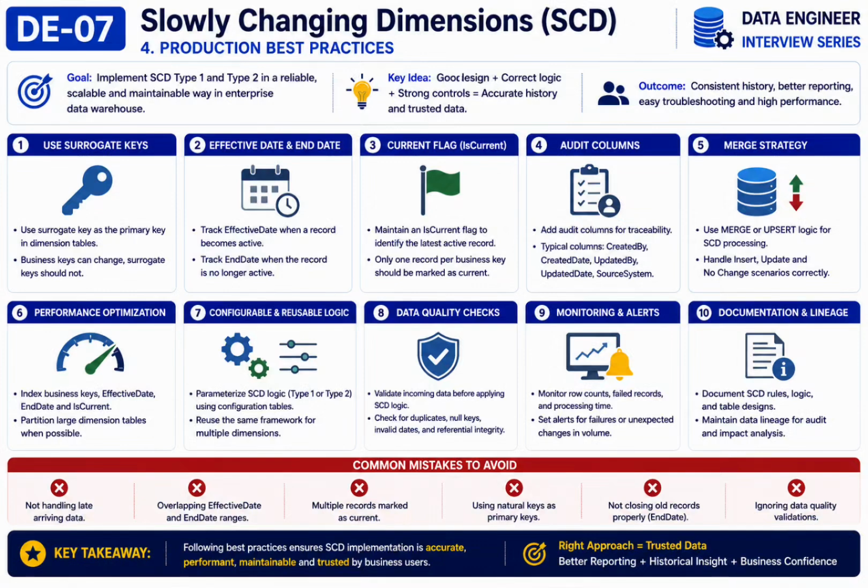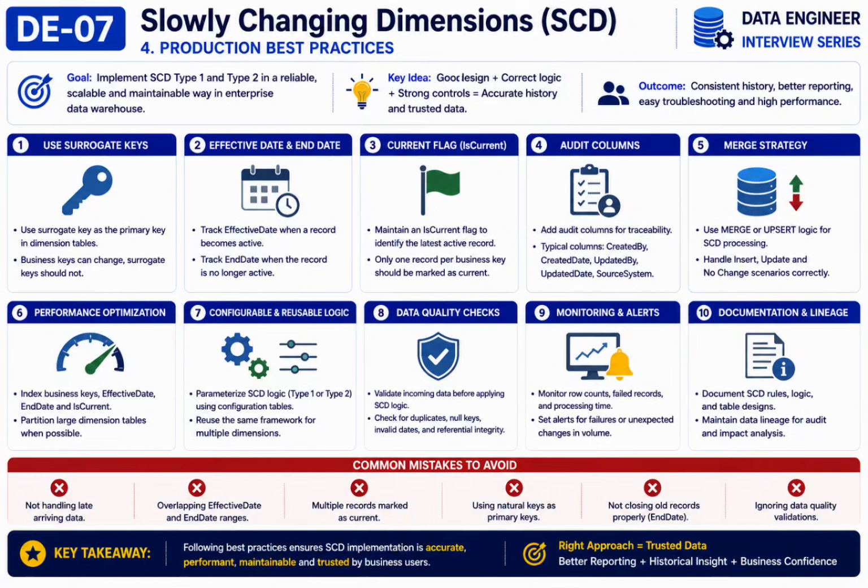Then from a performance perspective, we create indexes on business keys and current flag because these columns are frequently searched. So large dimension tables may also be partitioned for faster performance. Then the data quality checks should verify duplicates, null values, invalid dates, and referential integrity before applying SCD logic.